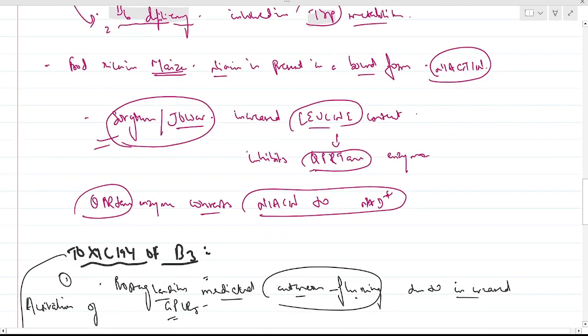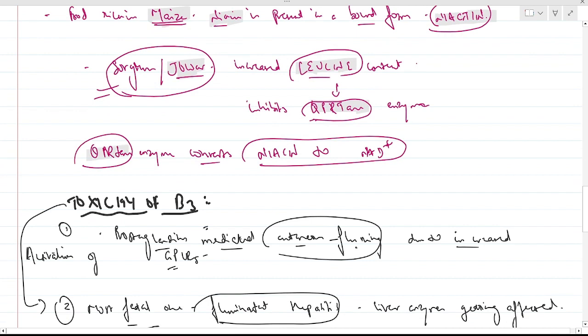And the food rich in maize, in which niacin is present in the bound form, that is niacytin. The community which consumes a lot of sorghum, jowar, which is a staple diet in many parts of India. This jowar has increased leucine content, which inhibits the QPRTase enzyme.